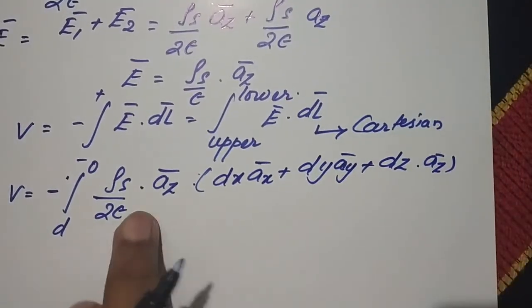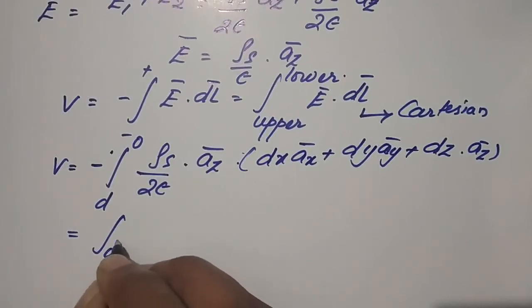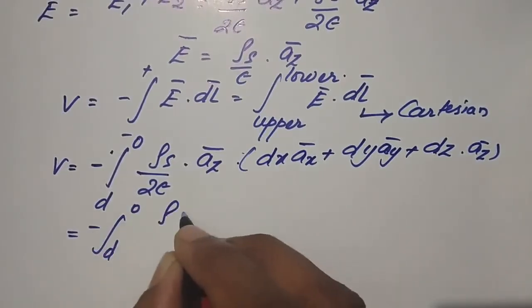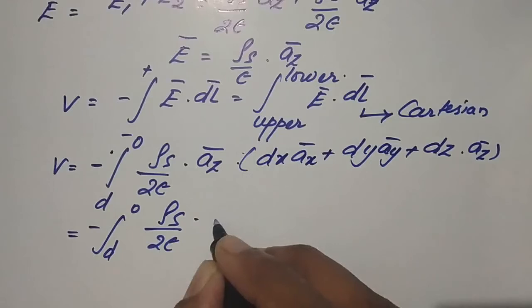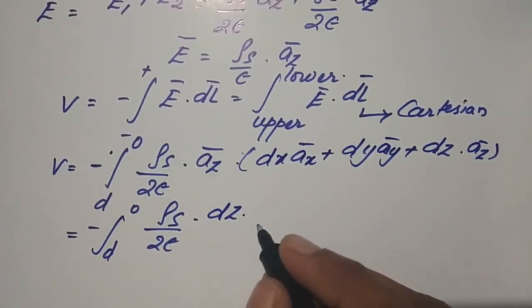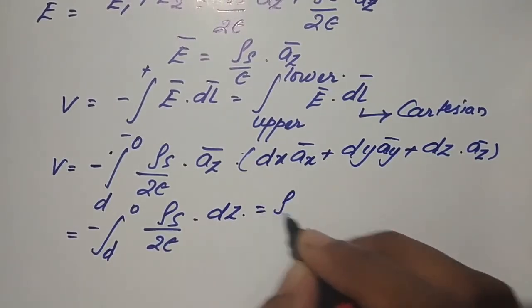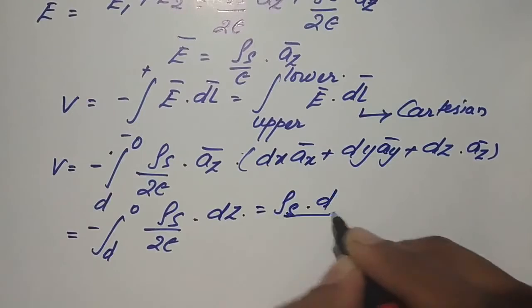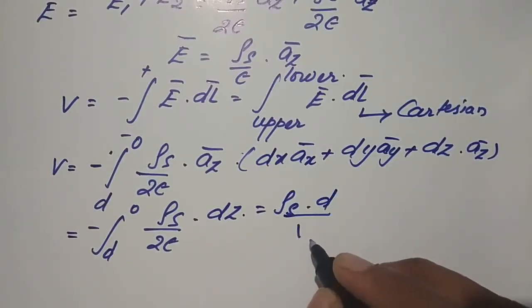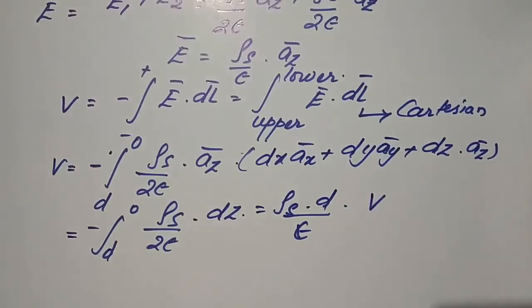Now only the az component will exist, so I'll just have the integral from d to 0 of rho s by 2 epsilon into dz. After applying the limits, I'll have rho s into d divided by epsilon. This is in terms of voltage.